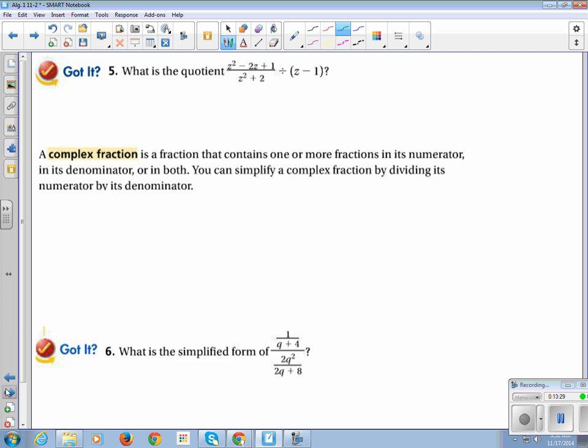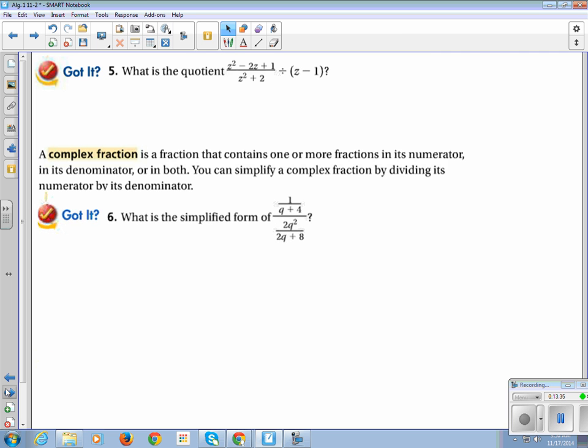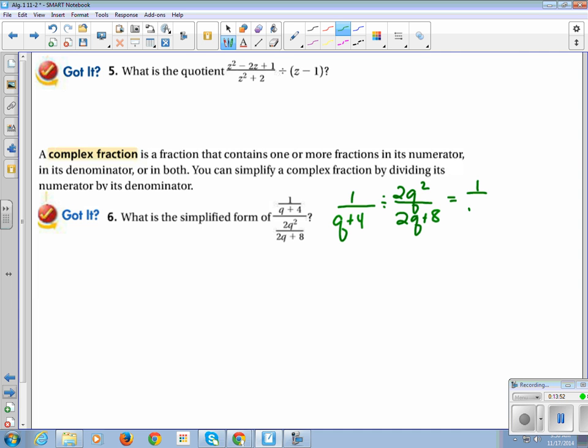So if I look at my sample problem here, I get 1 over q plus 4 divided by 2q squared over 2q plus 8. It's 1 over q plus 4 times 2q plus 8, the reciprocal, over 2q squared.